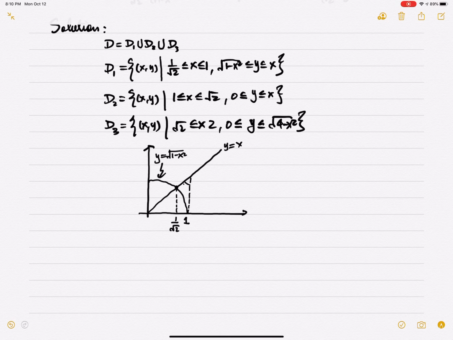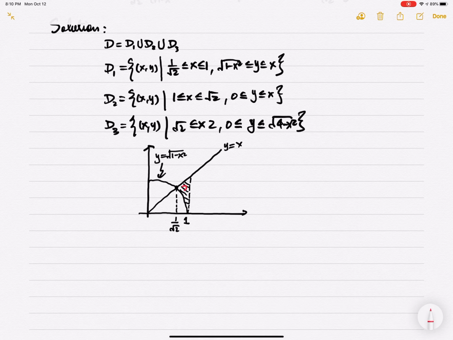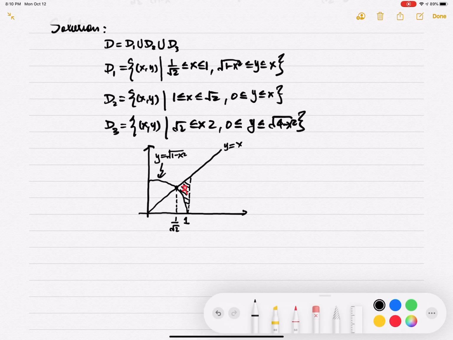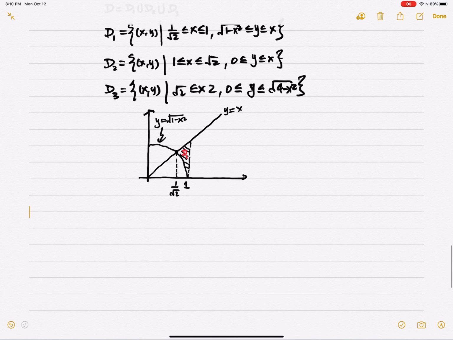So that's equal to this region, right? That's D1. I'll use a different color to mark D1 here.